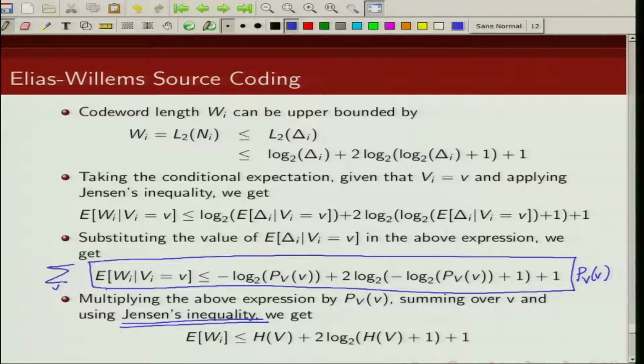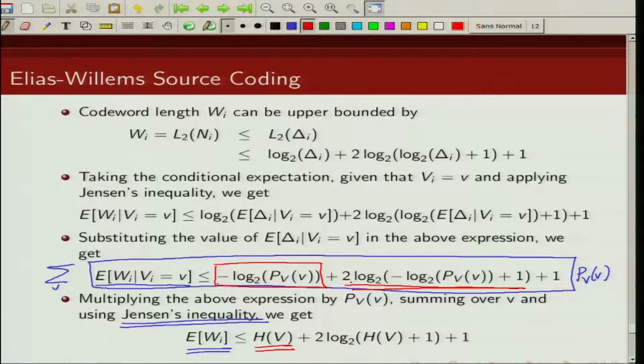When you multiply the left hand side with probability of V and sum over all V, we will get unconditional expected value of Wi. Now look at the first term on the right hand side. If I multiply this by probability of V and sum over all V, what I am going to get is uncertainty in V, right?